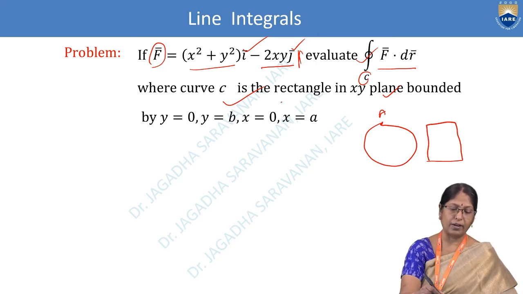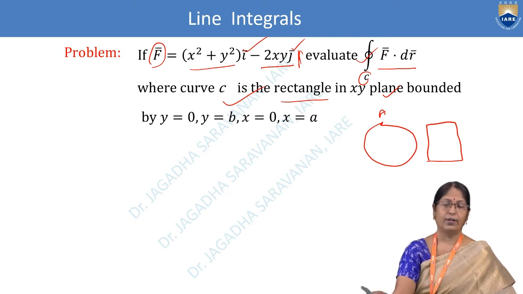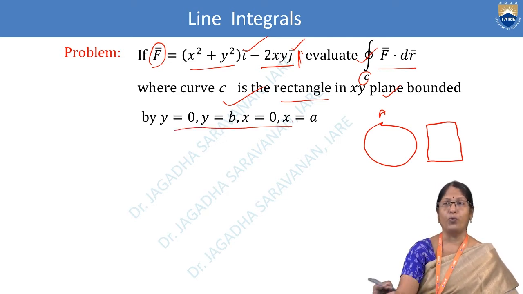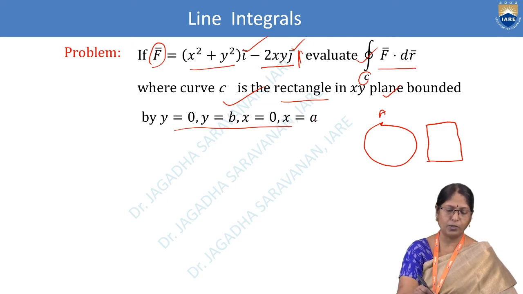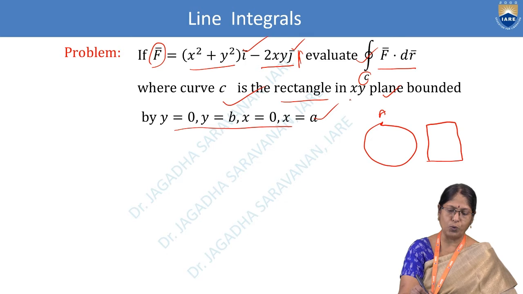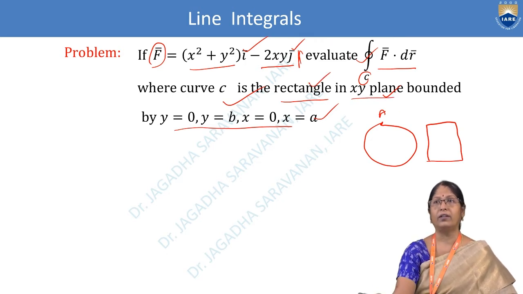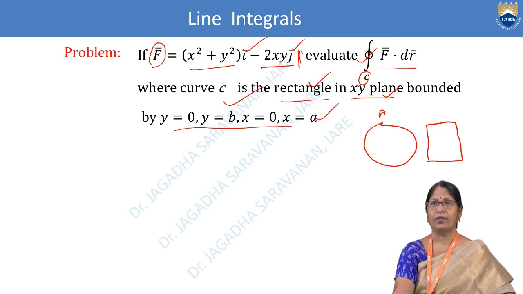So this rectangle, the curve is formed by these boundaries. With these boundaries, first we have to draw the rectangular closed curve in the two-dimensional xy plane. That means the particle moves in a rectangular way.